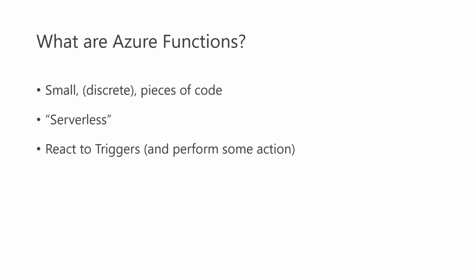And yes, as I said, Azure Functions react to triggers. There's a number of different triggers they can react to. The two main ones are HTTP triggers, so no surprises. You make an HTTP request to your trigger, probably providing it with some data, maybe not, and the function will then take that data or take that trigger and do something with it. Maybe call another API or do something else.